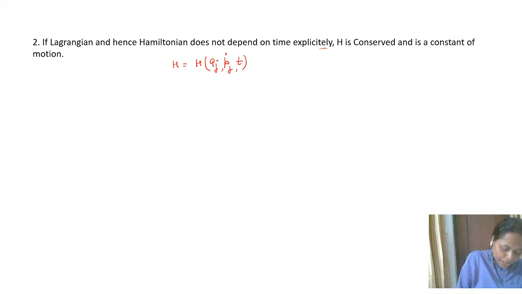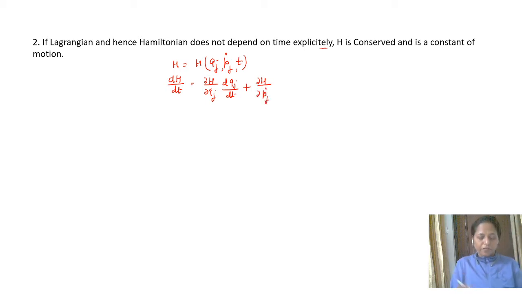So what will be dH dt? It will be delta H delta Qj dQj dt, plus delta H delta Pj, that means derivative of H with respect to Pj, and then derivative of Pj with respect to time, plus delta H delta T, right?